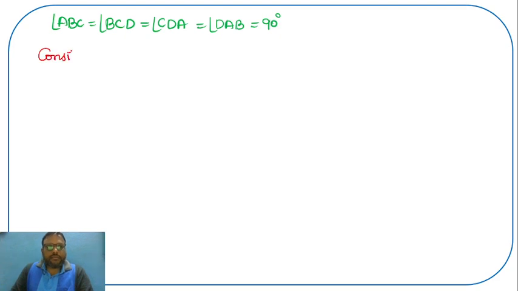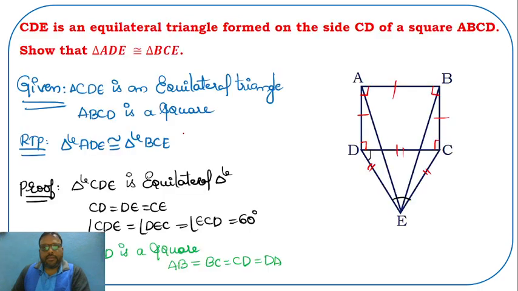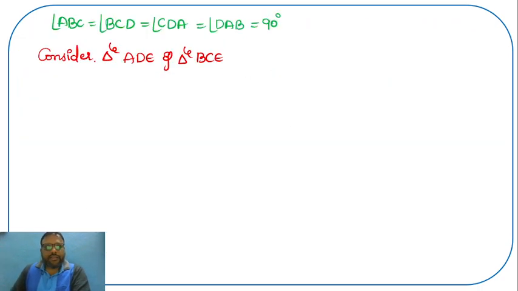Consider triangle ADE and triangle BCE. AD equal to BC, since they are sides of a square.